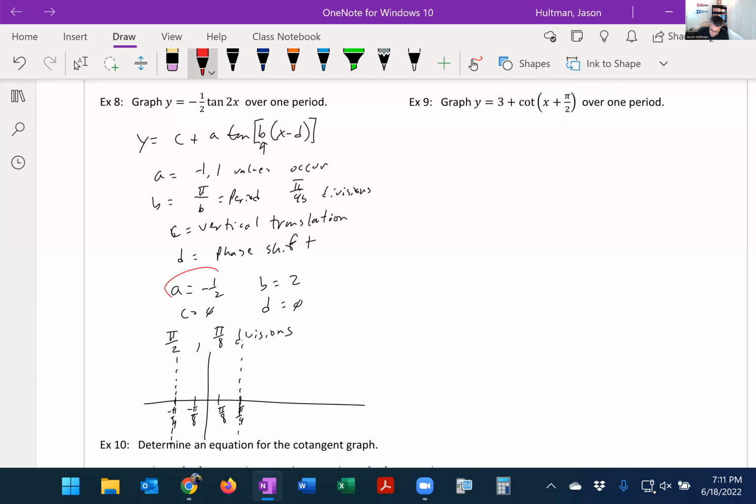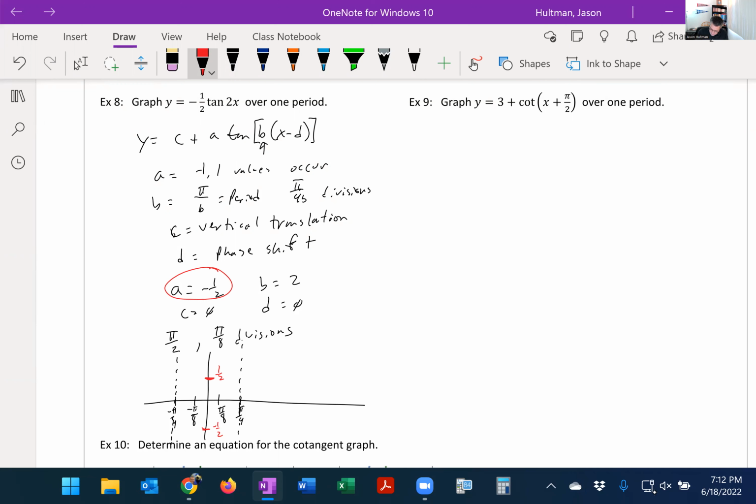Now we have a negative 1/2 for A. So what's that going to do? Whereas before I would have these values at 1 and negative 1, those values are going to be at 1/2 and negative 1/2. And what's the negative going to do to the tangent?